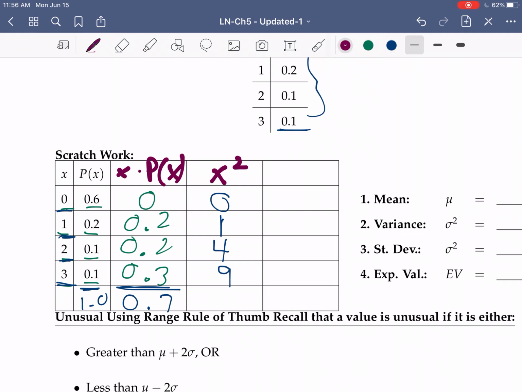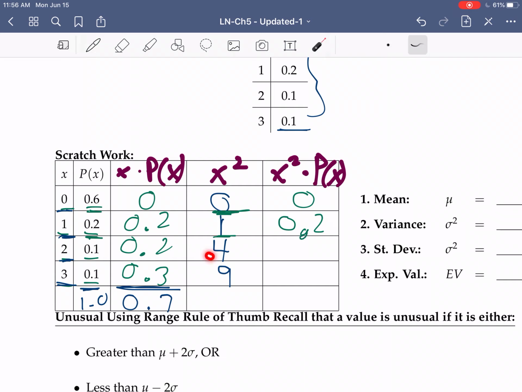And then in this final column, I'm going to take x squared times p of x. So in that column, I'm taking the x squared value times the p of x value, so 0 times 0.6, still 0. I'm going to take the 1 times 0.2, which is still 0.2.